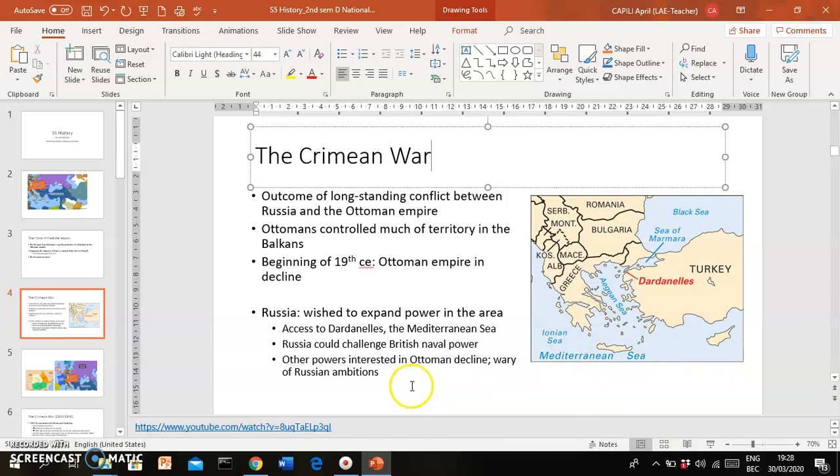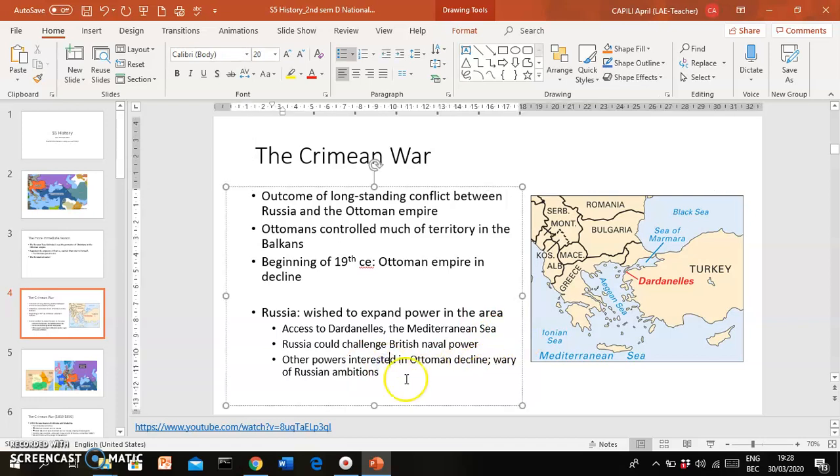And at the same time, given that the Ottoman Empire was in decline, Russia had ambitions and was trying to expand its territories. Other European powers were also interested in this situation and at the same time quite wary.